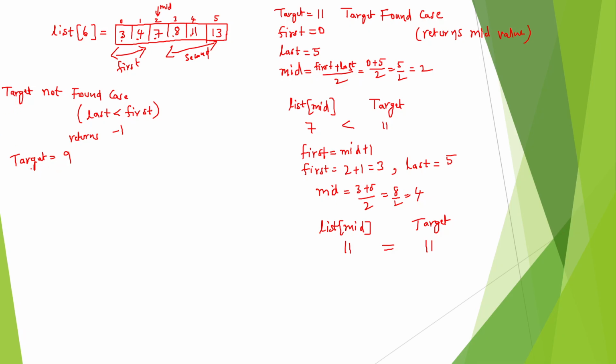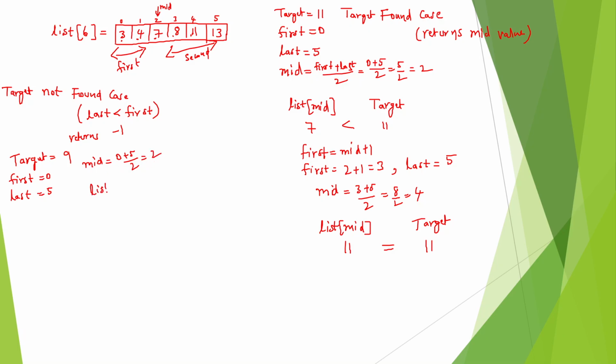Now target is 9, and as we are starting from the beginning, first will become 0, last will become 5, and target is 9. What we need to do is calculate the mid. Mid is equal to first plus last divided by 2. So 0 plus 5 divided by 2 is 2.5, so it will become 2 only. So quickly do the comparison.